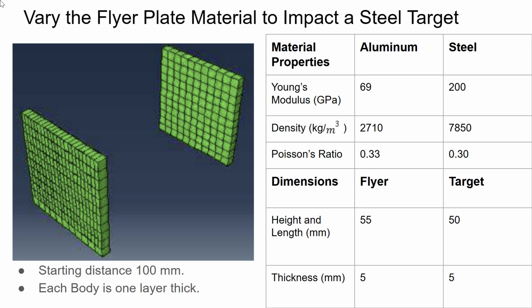And we've listed the material properties for aluminum and steel, as well as the difference in dimensions of the flyer plate and target. Both flyer plate and target did stay the same in thickness. The starting distance between the two is 100 millimeters, and each body is 1 layer thick.